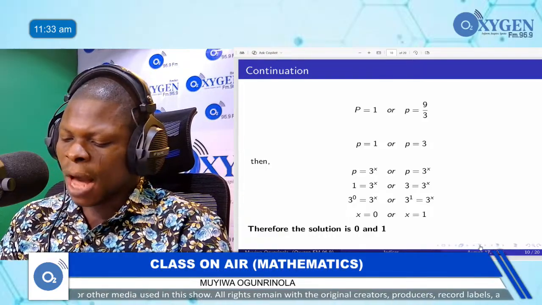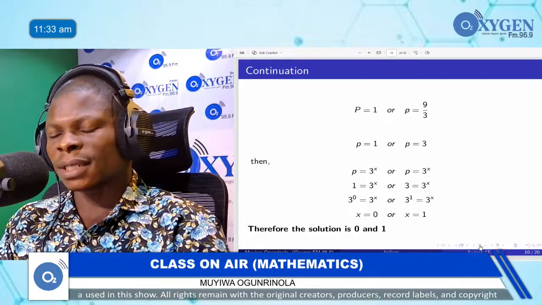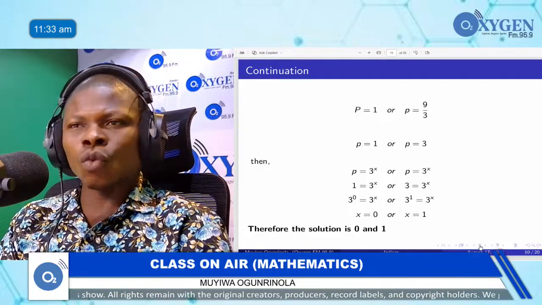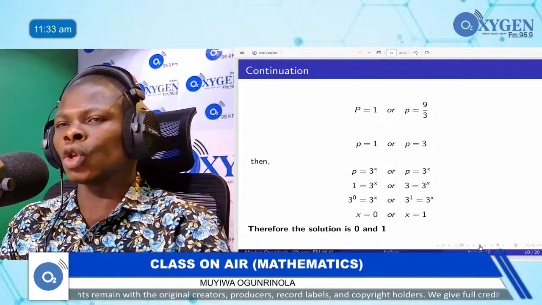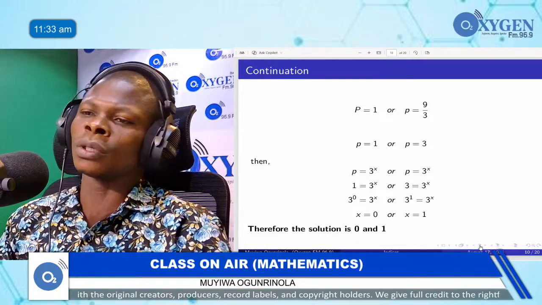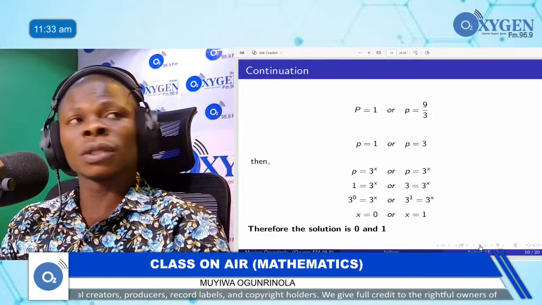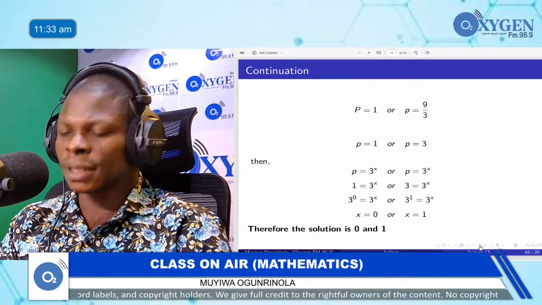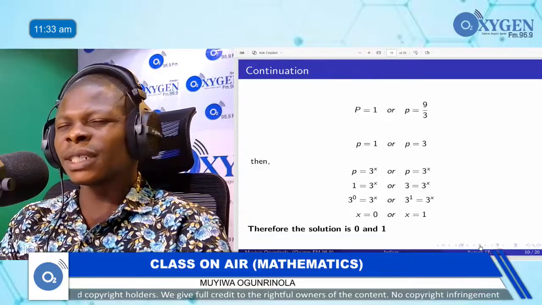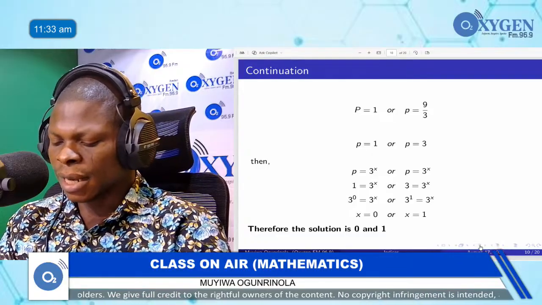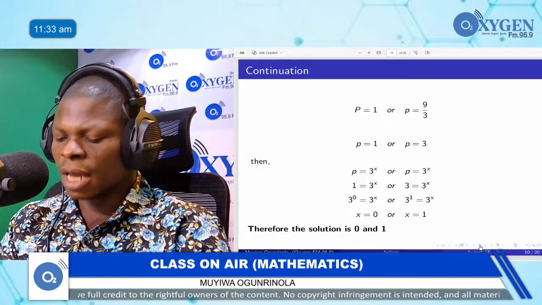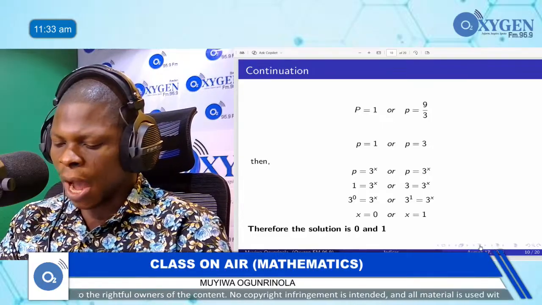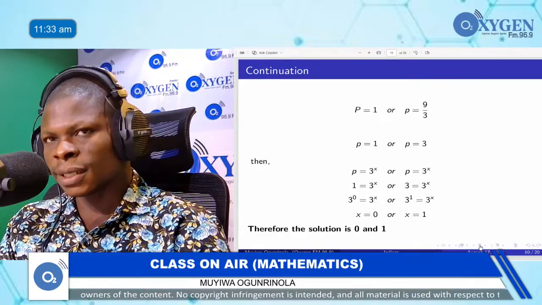We can rewrite 1 as 3 raised to power 0, because any value raised to power 0 is equal to 1. So 3 raised to power 0 is equal to 3 raised to power x. The bases are the same, so you equate the powers. So our x here is equal to 0.